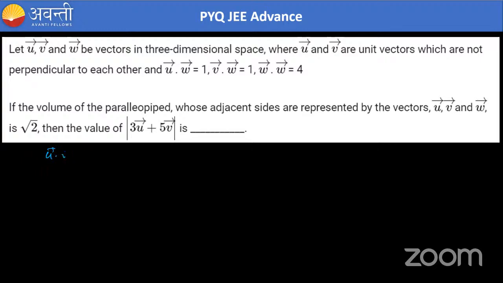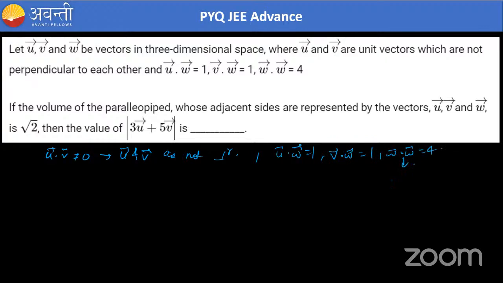So, u bar dot v bar will not be equal to 0 since u bar and v bar are not perpendicular, right? And the other relations that have been given to us are that u bar dot w bar is 1, v bar dot w bar is 1, and w bar dot w bar is 4.